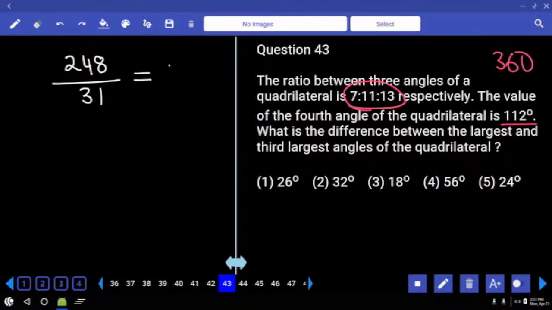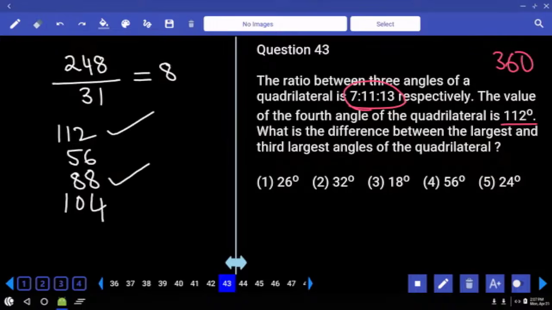Each part is 8. One angle we already know, which is 112. Remaining 3: 7 into 8, 56, 11 into 8, 88, 13 into 8, 104. Difference between largest and third largest, 112 and 88. Difference between these two numbers, 24.